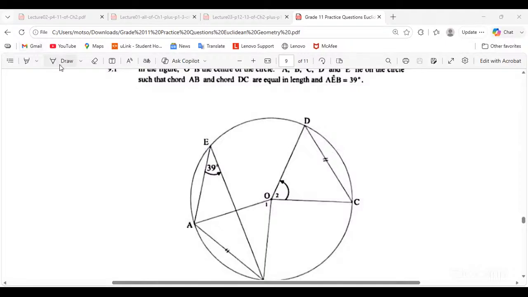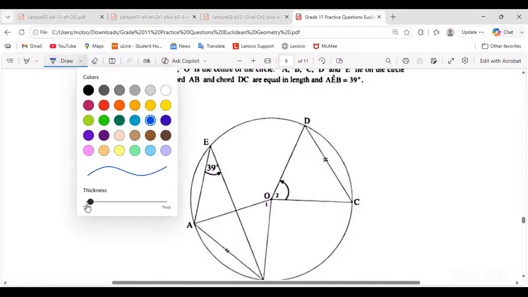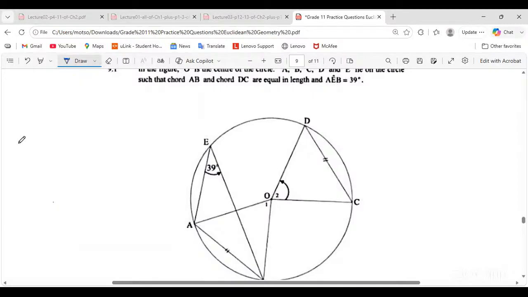Now, let us use the technique DRCPT. DRCPT. Okay. Now, where the D is the diameter, is there any diameter? No, there's no diameter. We'll cancel D, we go for R, the radius.